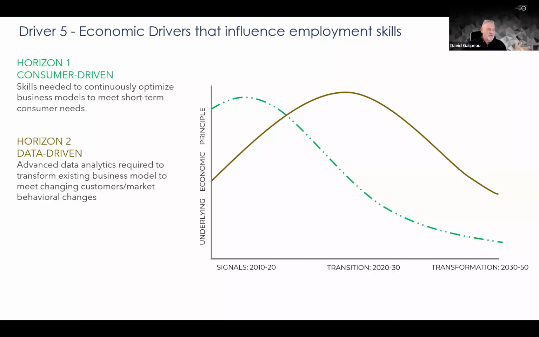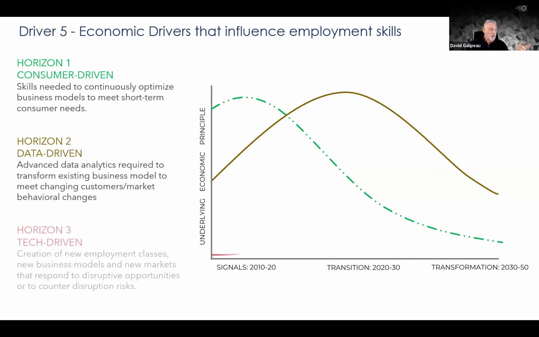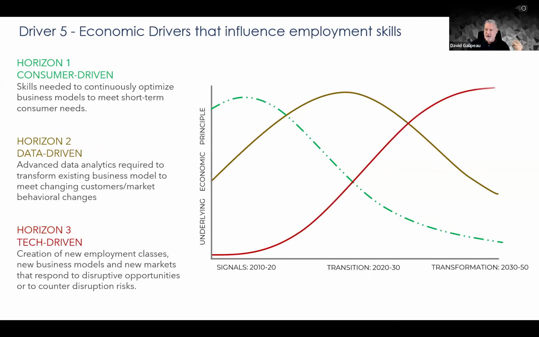And because of data, we're starting to shift towards technology-driven, with better analytical tools and better technology that can support the replacement of human labor. So this now becomes a big driver in handling this transition.